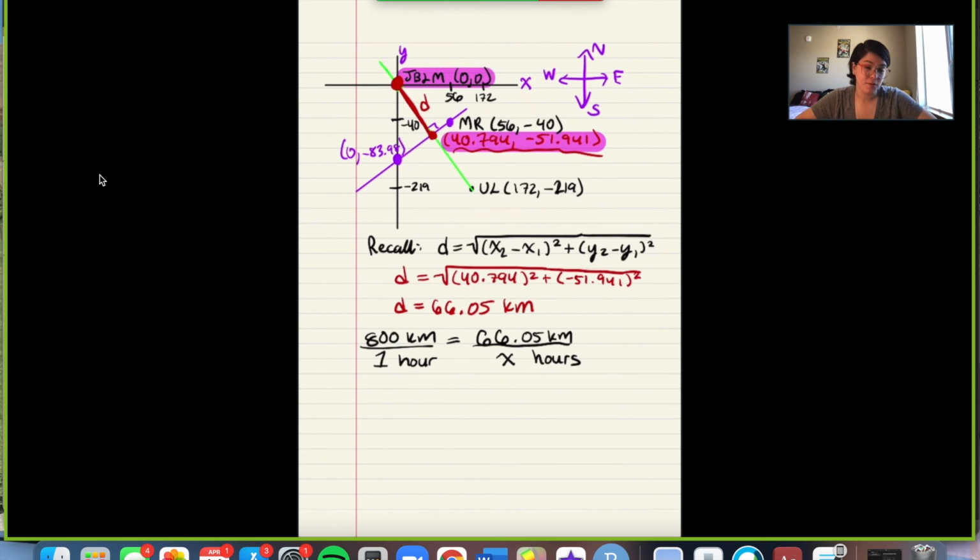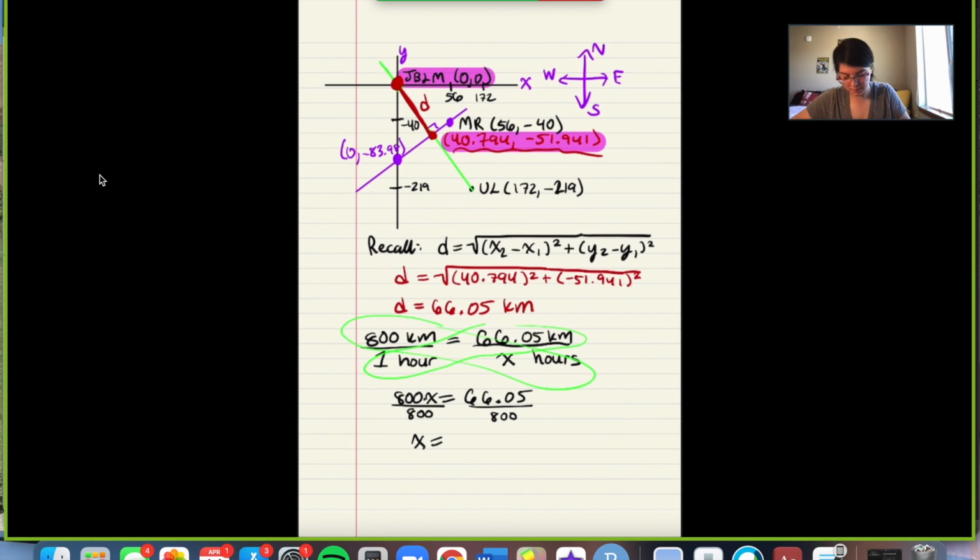And so now we have two fractions on both sides of the equation, so we can cross multiply. So we have 800 times x is equal to 66.05 times 1, which is just 66.05. And then the last thing we have is to divide by 800 on both sides.